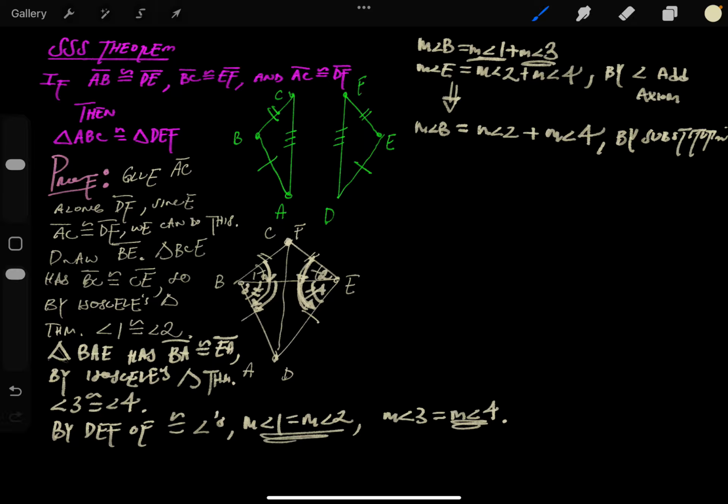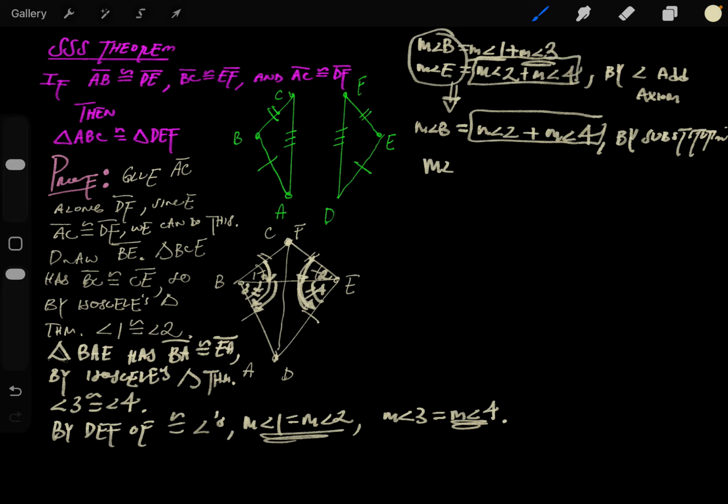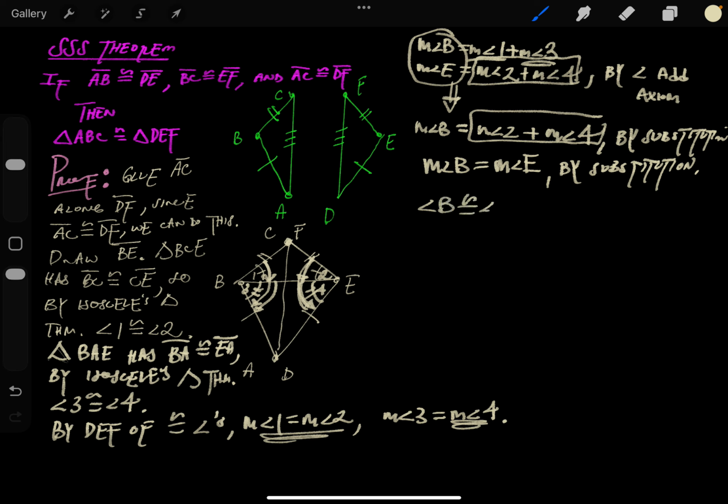And then, since now this is the same as this, it's clear that B and E are equal. The measure of B equals the measure of E by substitution. And then angle B is congruent to angle E by definition of congruent angles.